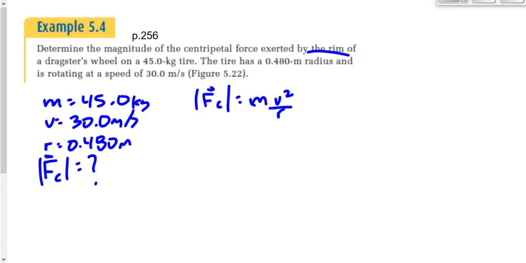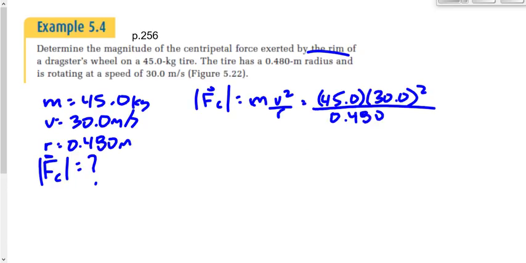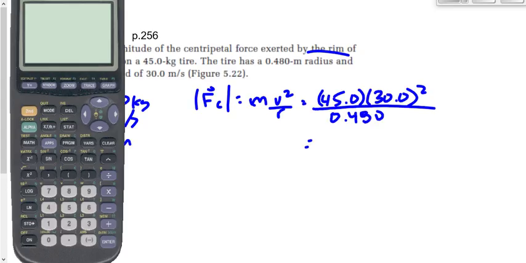Sometimes we may have to find v using 2 pi r over t, but not this time. We're given the value for speed. So let's just sub it in. 45.0 kilograms times 30.0 squared divided by 0.480 gives me 45 times 30 squared divided by 0.480.